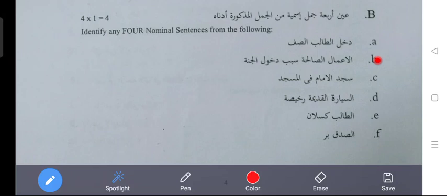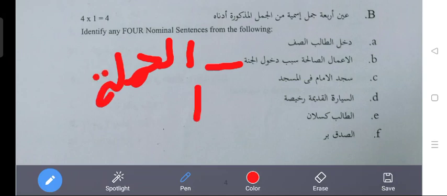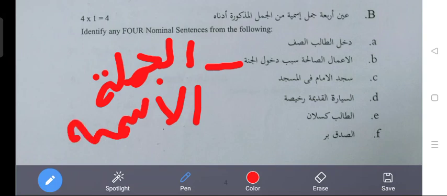What we have to do is copy the whole sentence in the answer sheet. After copying the whole sentence, beside al-jannah, we give an underscore, a line like this. After giving this line, we write al-jumla al-ismiya.